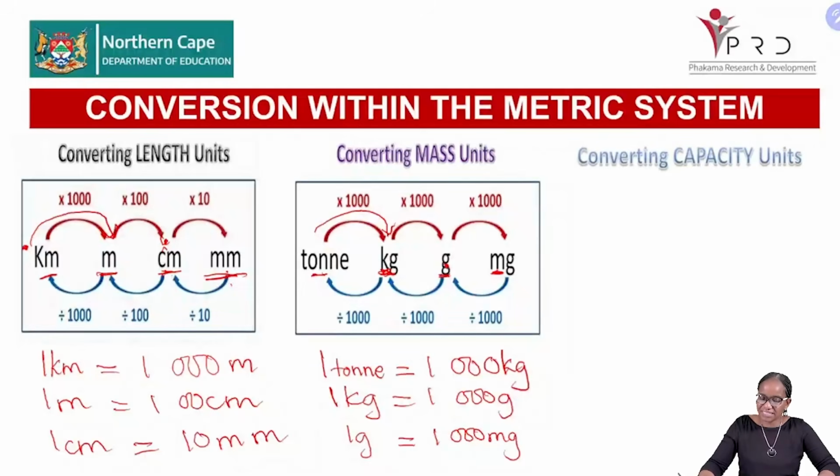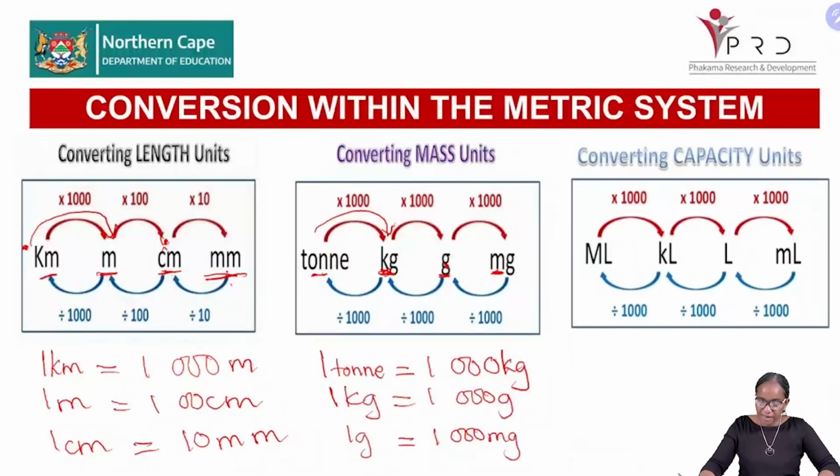Let's go to capacity. Our smallest unit is milliliters, then liters, then kiloliters, then megaliters. When you are converting your megaliters to kiloliters, you multiply by 1,000.